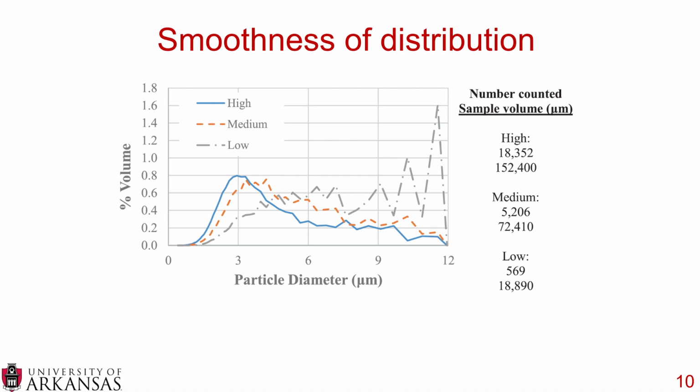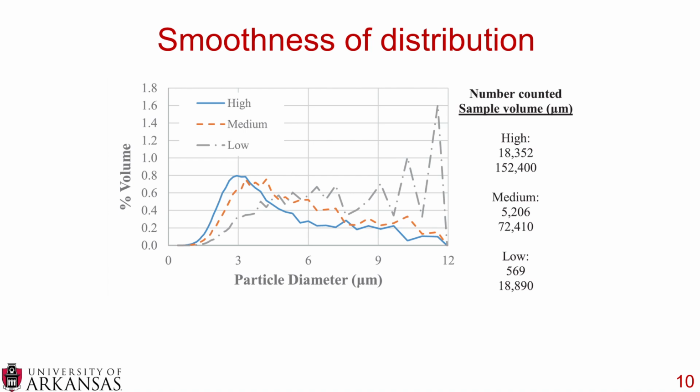Because there's no standard, we don't have any guidance on whether there is an acceptable number of particles counted or an acceptable amount of volume. So you can see here, this is the same emulsion, but we're just counting different numbers of particles. And you can see the volume on the y-axis again and the diameter on the x-axis.